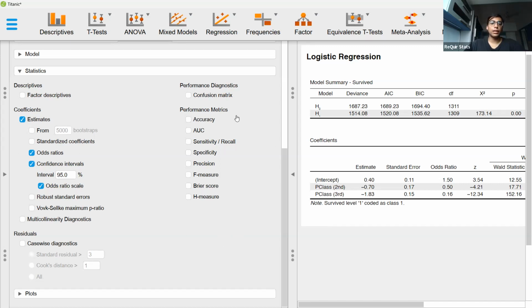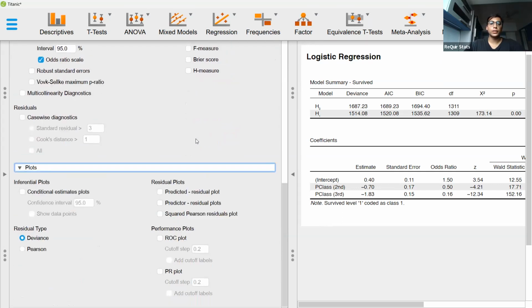Okay. Now again, performance metrics, I'm not going to go into that. And in plots, I'm not going to go into ROC plots and anything. I'm just going to select the conditional estimates plots.